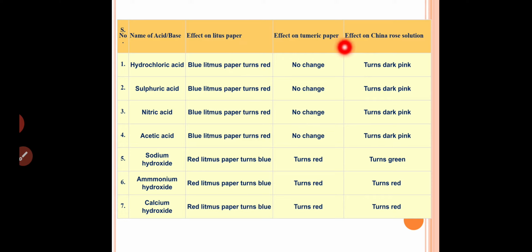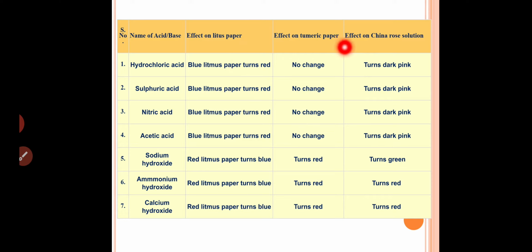When we take blue litmus paper with hydrochloric acid, it turns red because it is an acid. But when we take turmeric paper, no reaction will be there. Turmeric paper remains as it is because turmeric paper reacts with bases only.